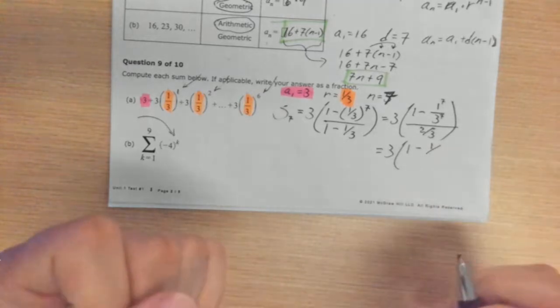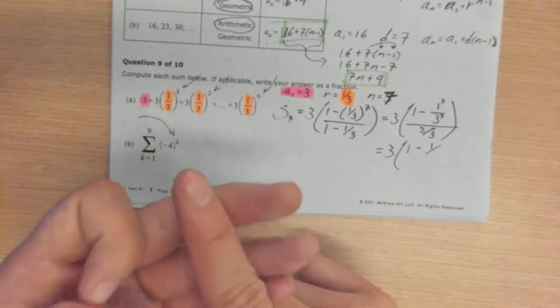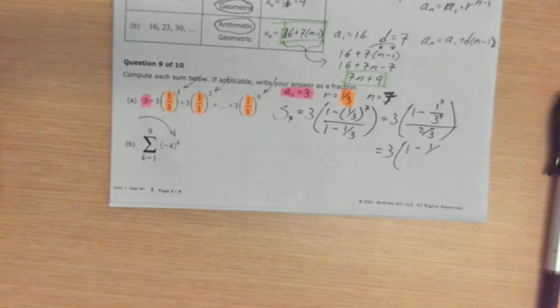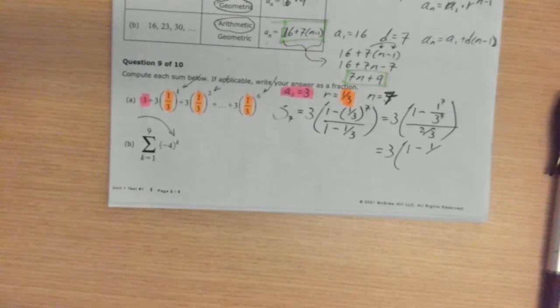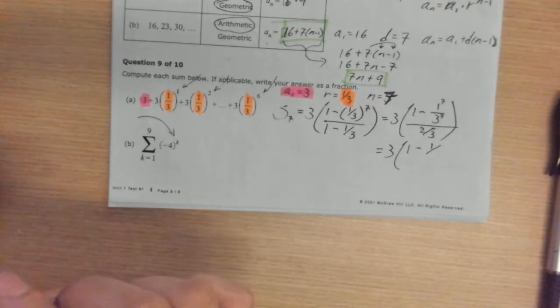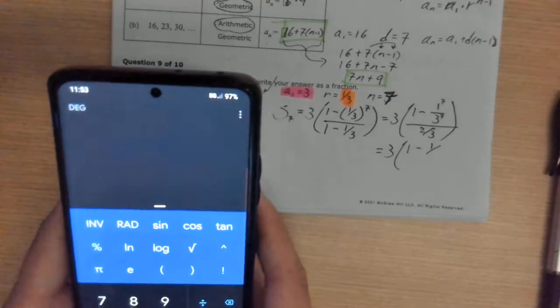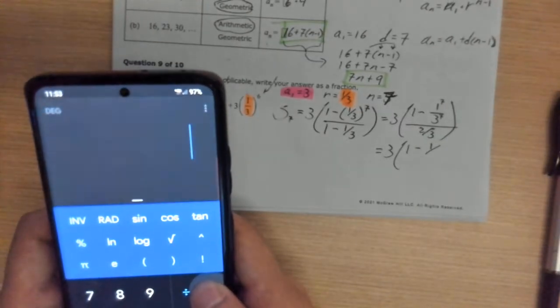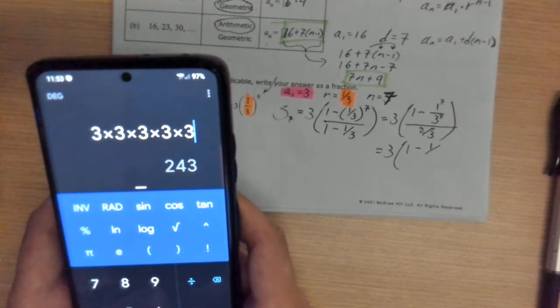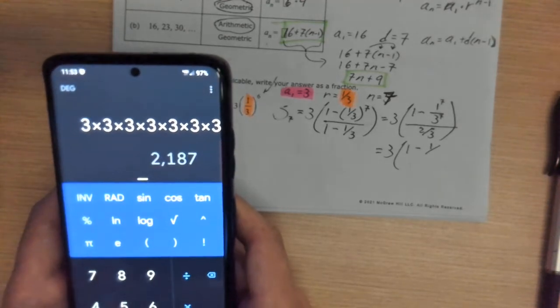Now 3 raised to the 7th is going to be 3 times 3 times 3 times 3 times 3 times 3 times 3. We need a calculator for that. So 3 multiplied by itself 7 times, you can do 3 raised to the 7th on the calculator, or if you're not that lazy, you can do 3 times 3 times 3 times 3, and so on up to 7.